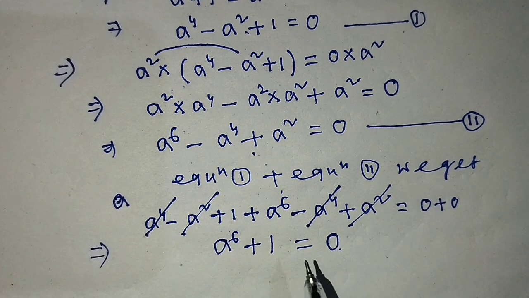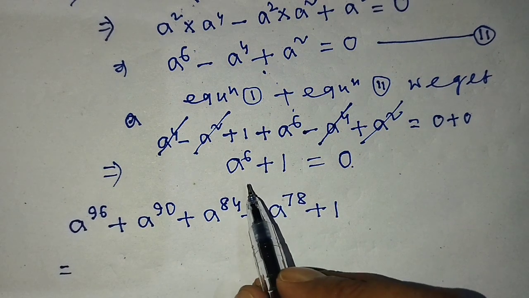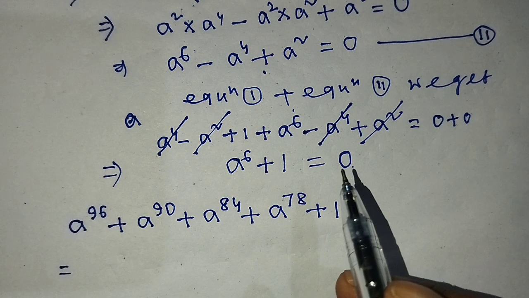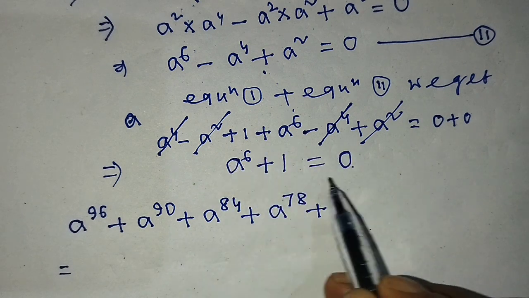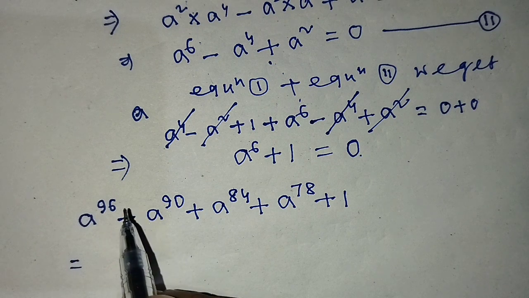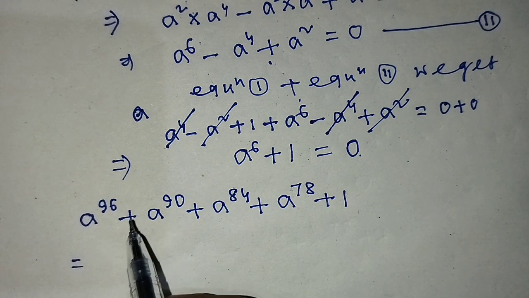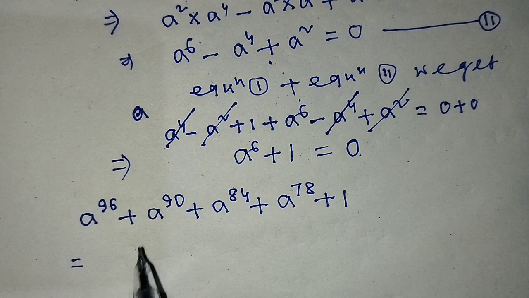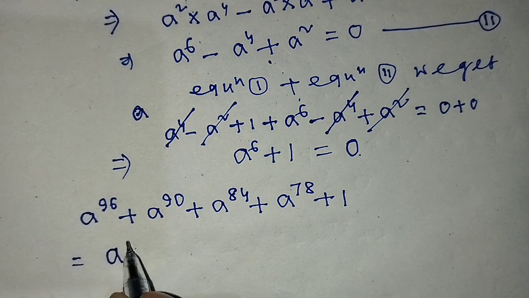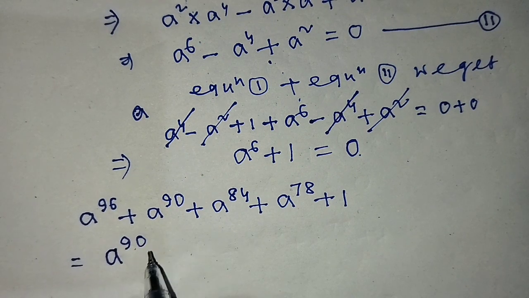So student, to find the value of this algebraic expression, we have to use this algebraic equation. So student, in first two terms the difference of power is 6. So student, now we can take common a to the power 90 from first two terms.